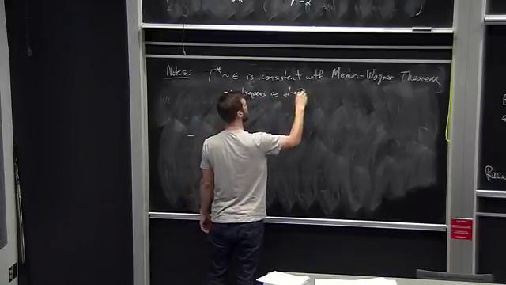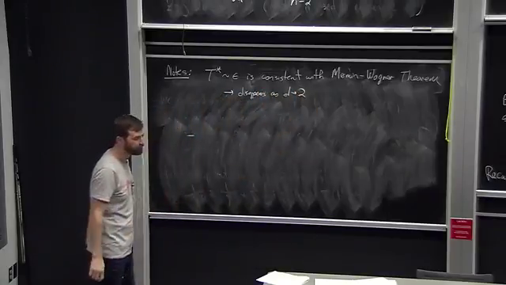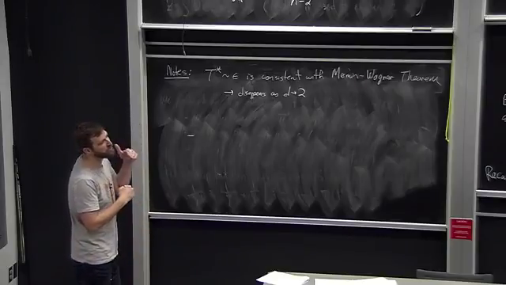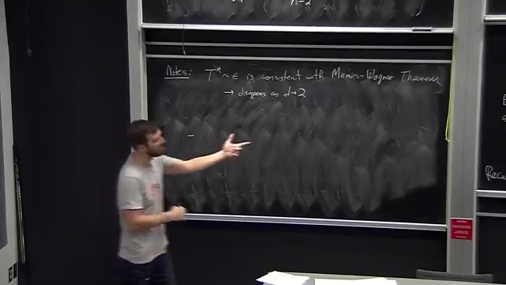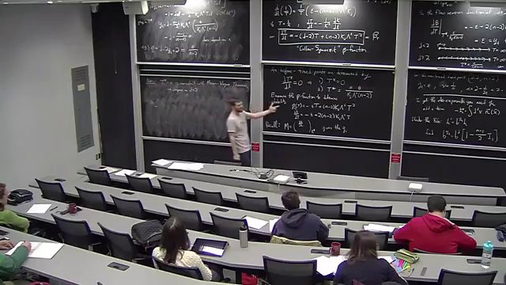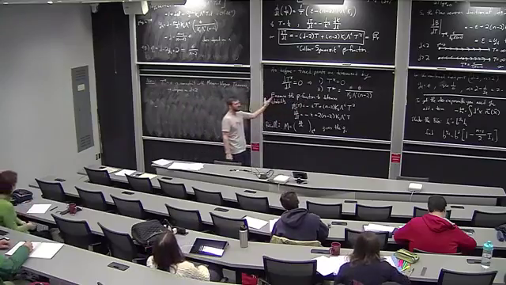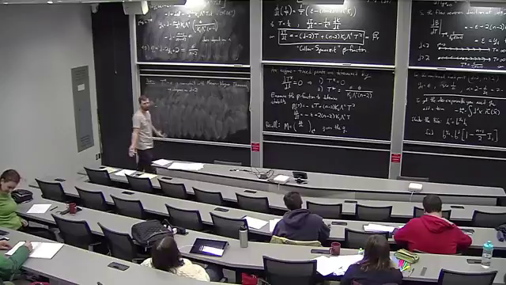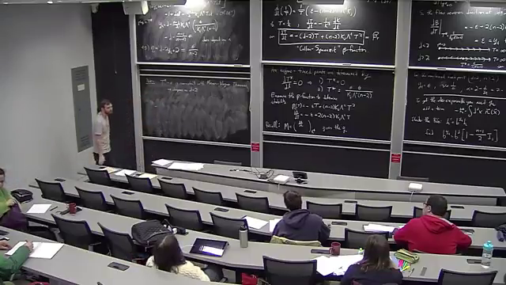As D approaches 2. So if you still consider n greater than 2, like in this equation, then there are physical magnets, say, that have that symmetry. So for example, the Heisenberg model.